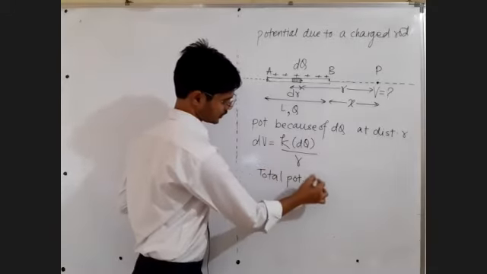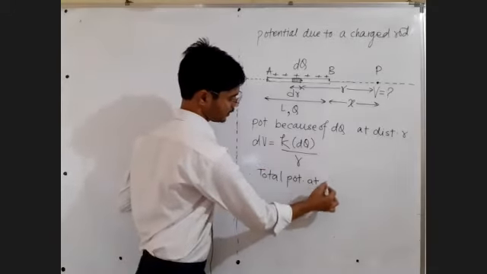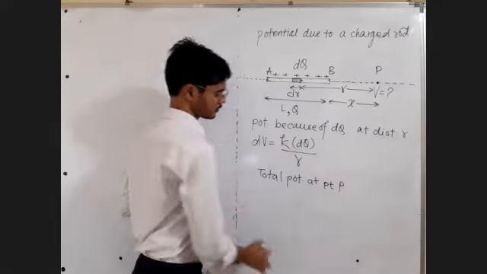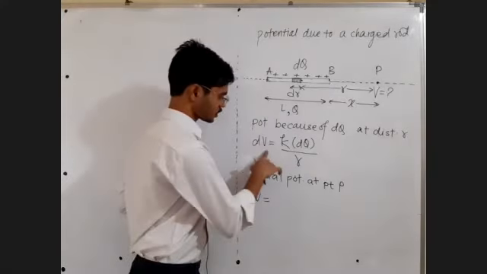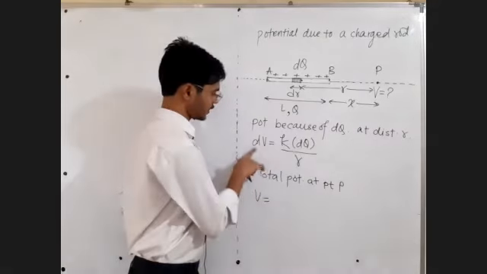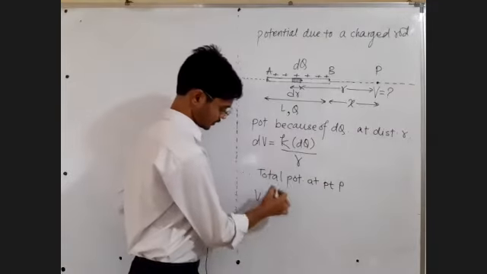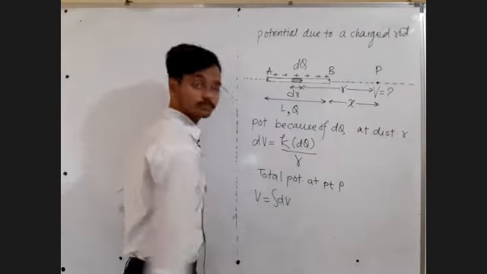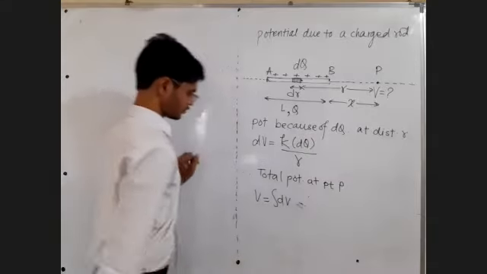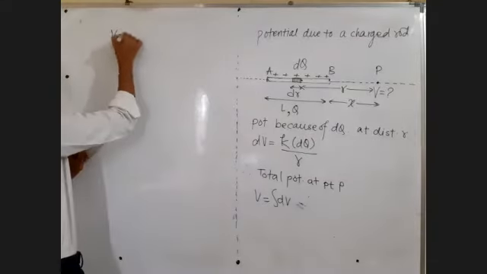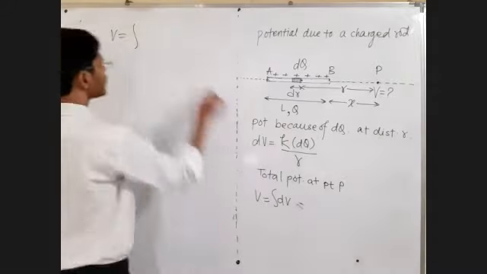Total potential at point P is equal to addition of all such small potentials. dv is what?